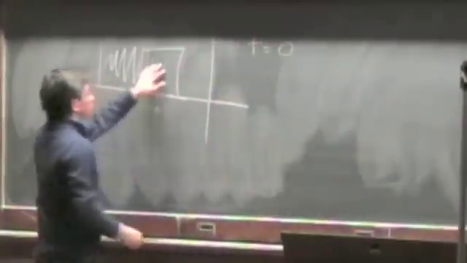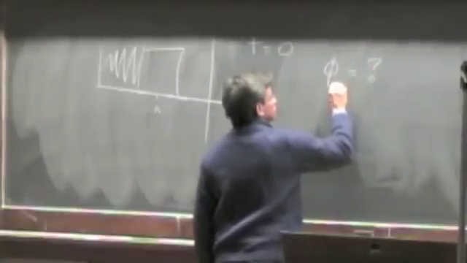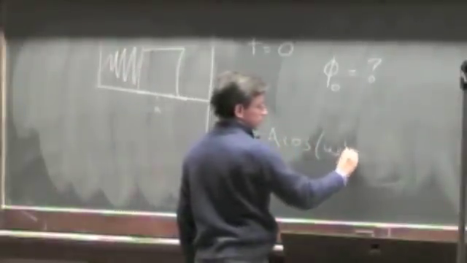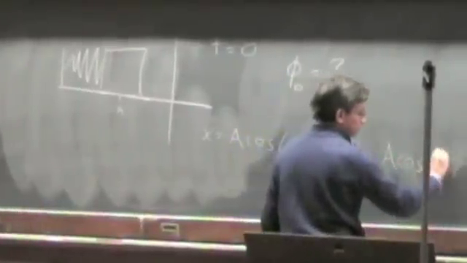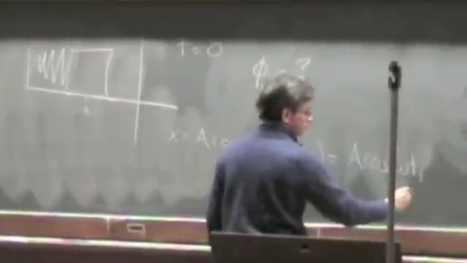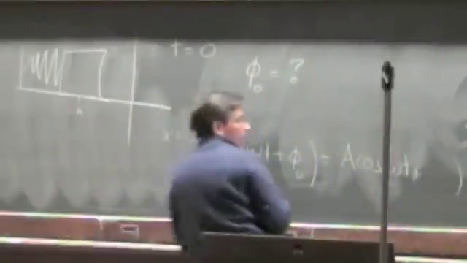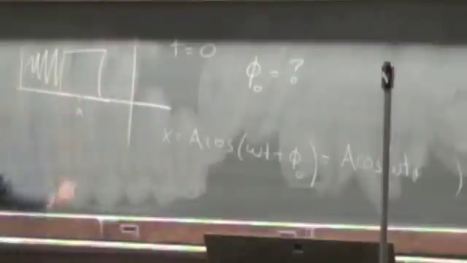If at t equals 0 your block started there, what is your initial phase?